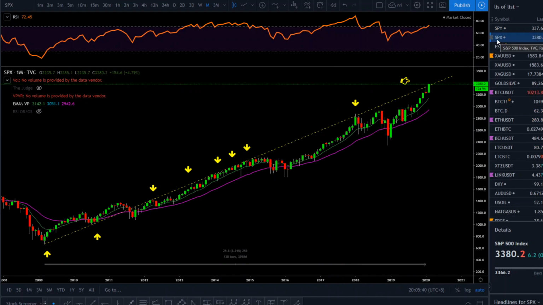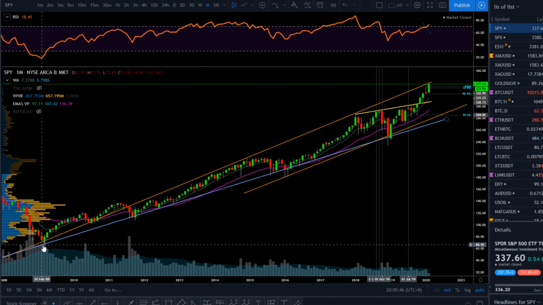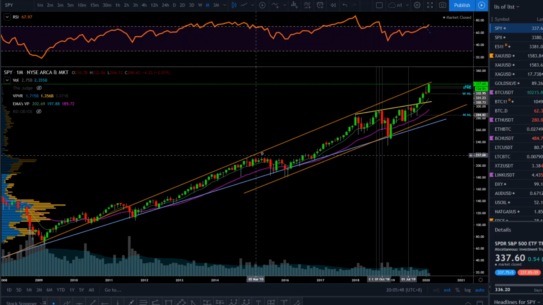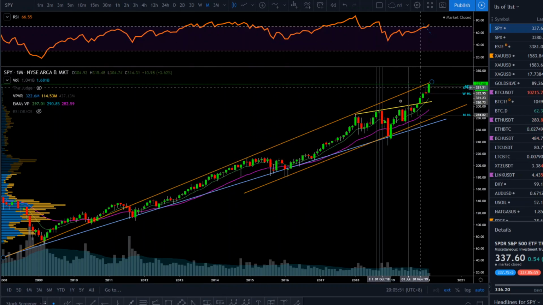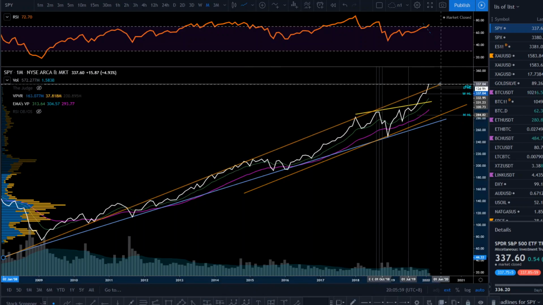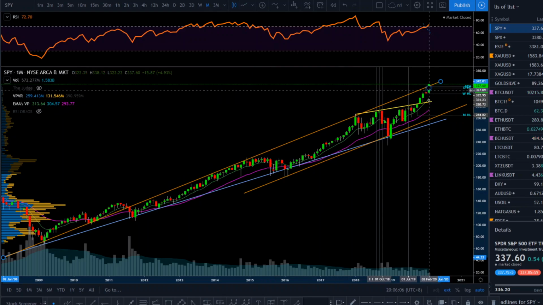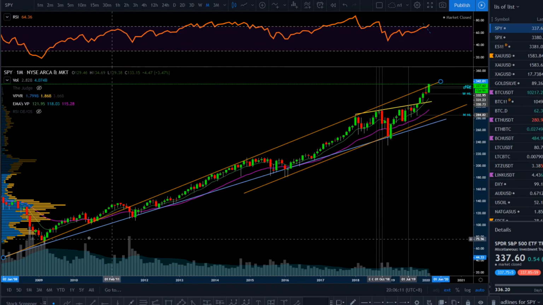On my SPX, I have it drawn like this, and on the SPY, I have it drawn a little bit differently, which is this orange line here. Well, yeah, I think I like the other one better. So it seems like we're sort of at the edge of breaking out of it, but very, very close.